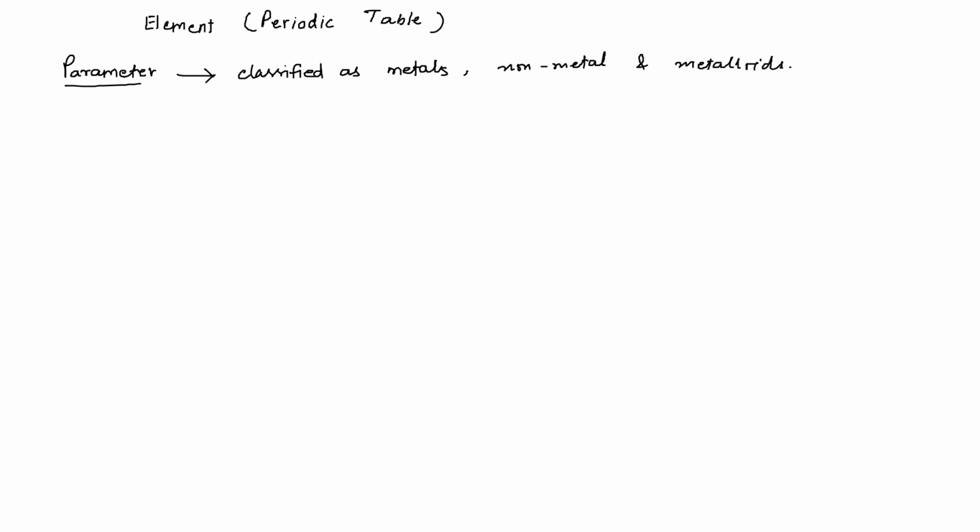And from these metals, non-metals and metalloids, another classification classifies these elements as conductors, insulators and semiconductors.